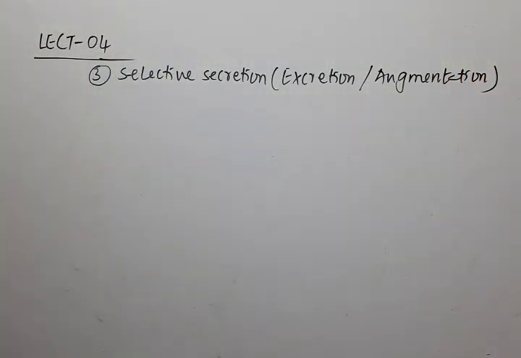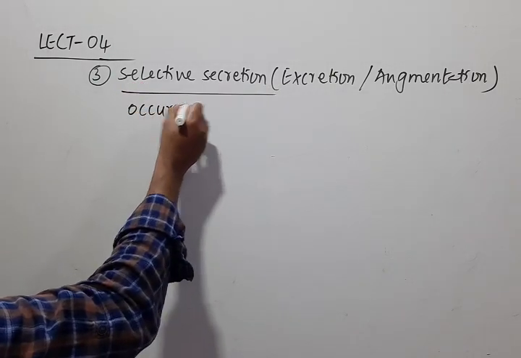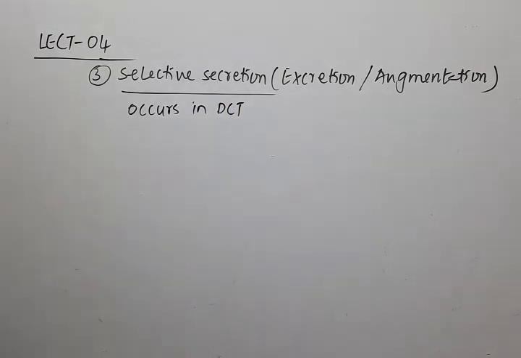This will be the final step in the urine formation, and it occurs in the DCT, that is the distal convoluted tubule.